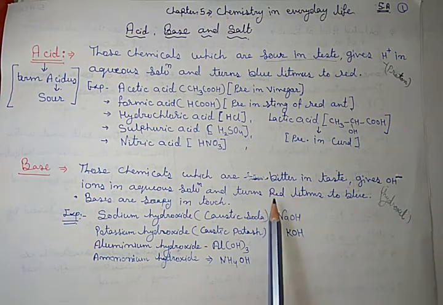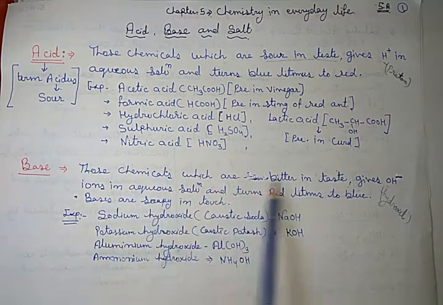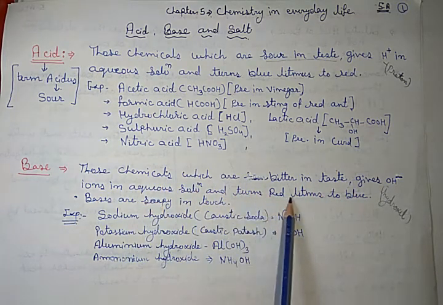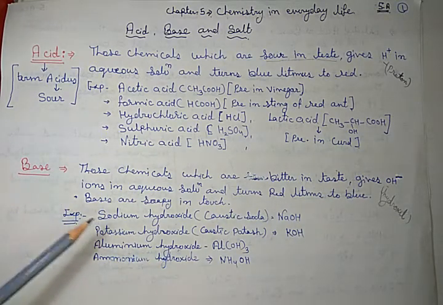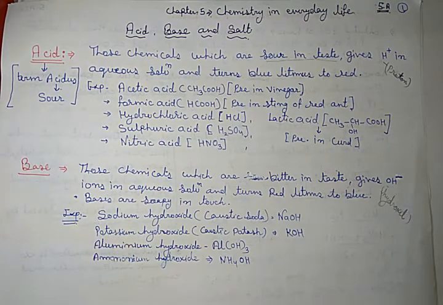So, those chemicals which are bitter in taste, give OH- ion in aqueous solution and turn red litmus to blue are known as bases. Some examples are sodium hydroxide, caustic soda, NaOH. Second is potassium hydroxide, caustic potash, KOH. Third is aluminum hydroxide, Al(OH)3. Fourth is ammonium hydroxide, that is NH4OH.